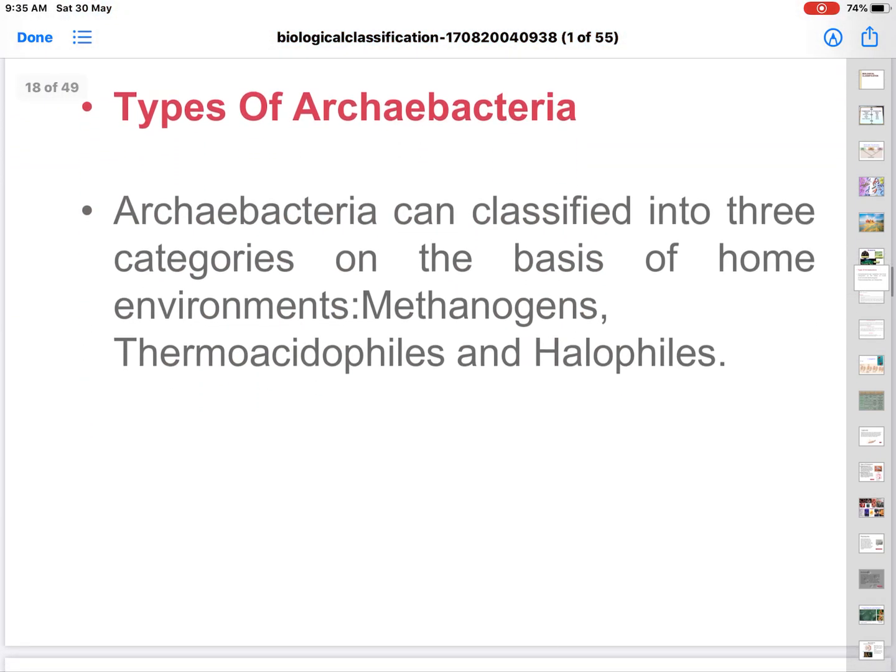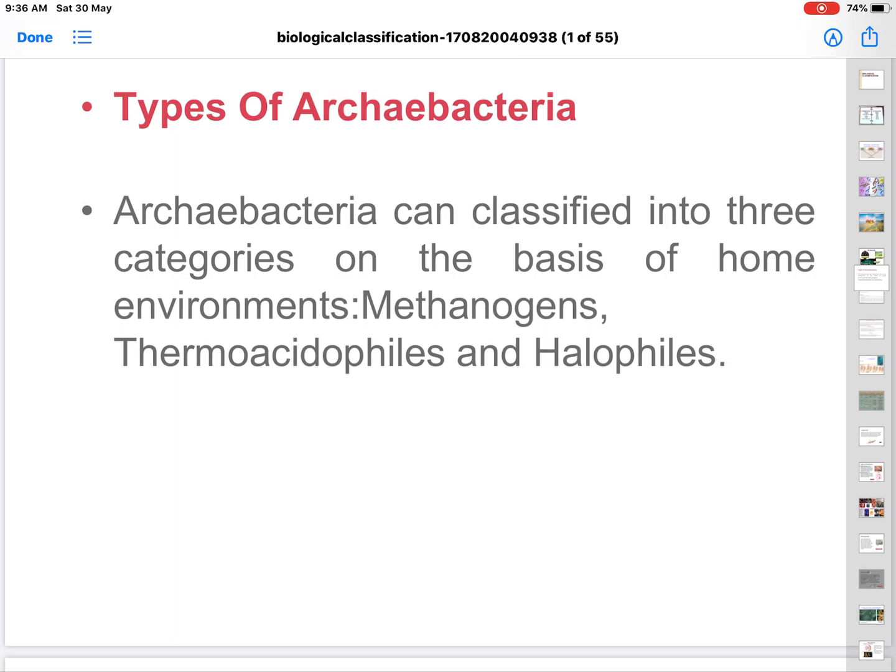Now let's come back to the original one. Under kingdom Monera there are two broad groups, but totally there are 5 groups. They are archaebacteria, eubacteria, mycoplasmas, actinomycetes, etc. So we concentrate on archaebacteria. Archaebacteria are a group of the most primitive prokaryotes.